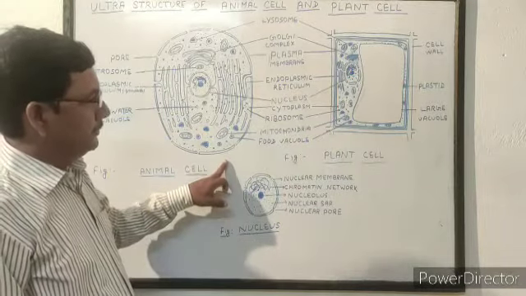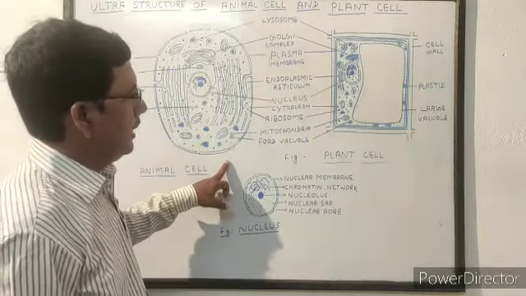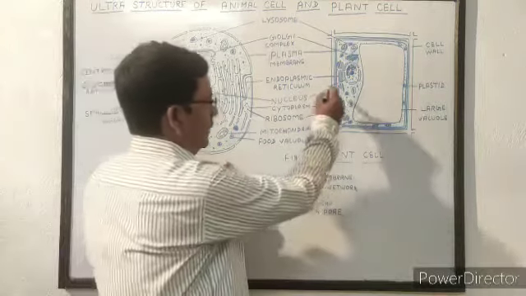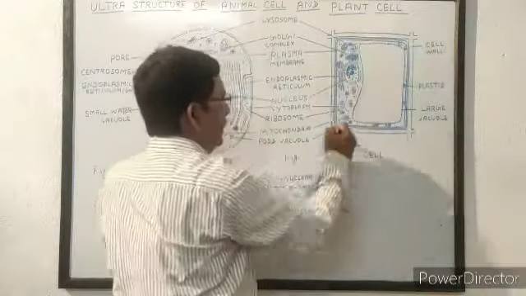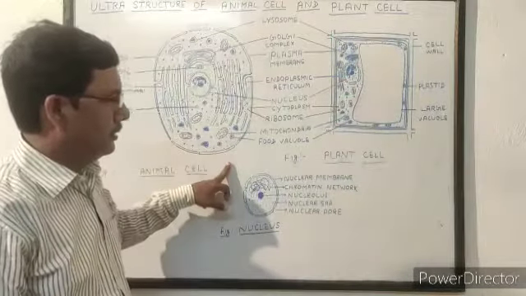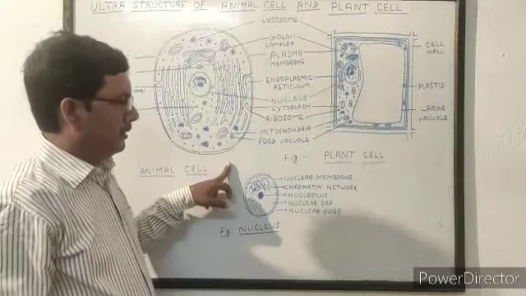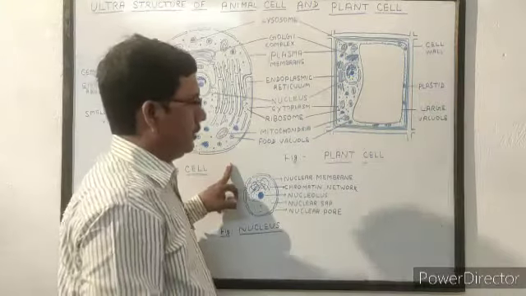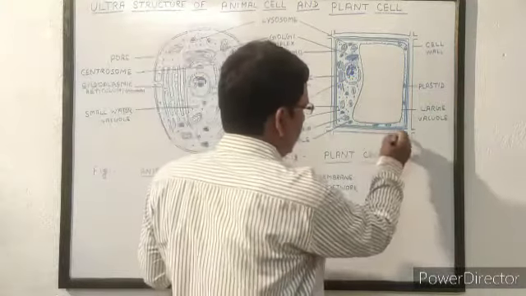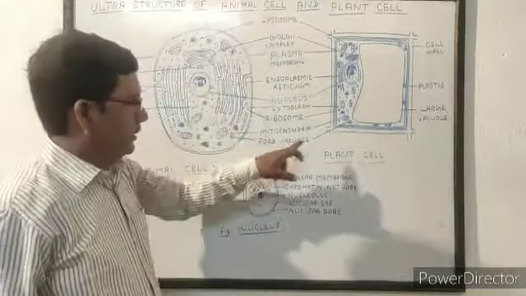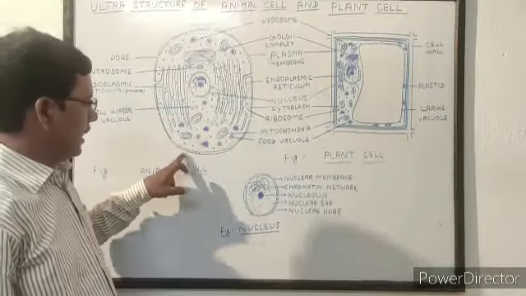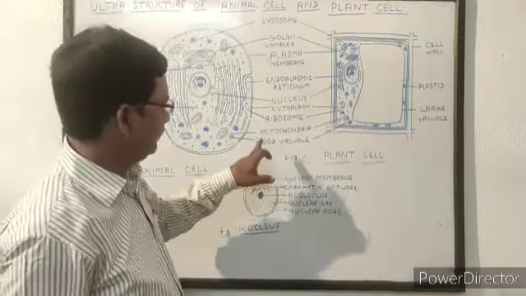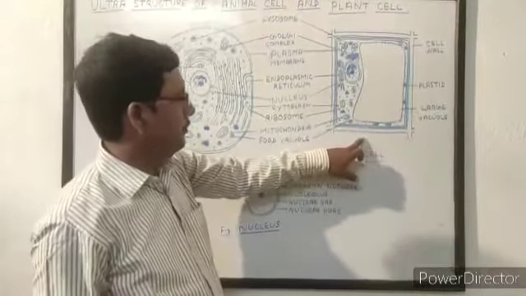Now in plant cell there is another layer around the plasma membrane which is called cell wall. This cell wall is a thick layer made up of cellulose. It is rigid and gives rigidity to the plant, strength to the plant cell. Cell wall is absent in animal cell, and plasma membrane present both in animal cell as well as in plant cell.